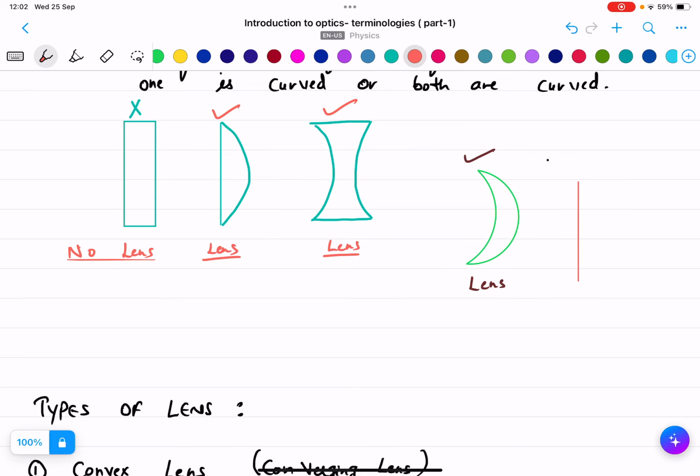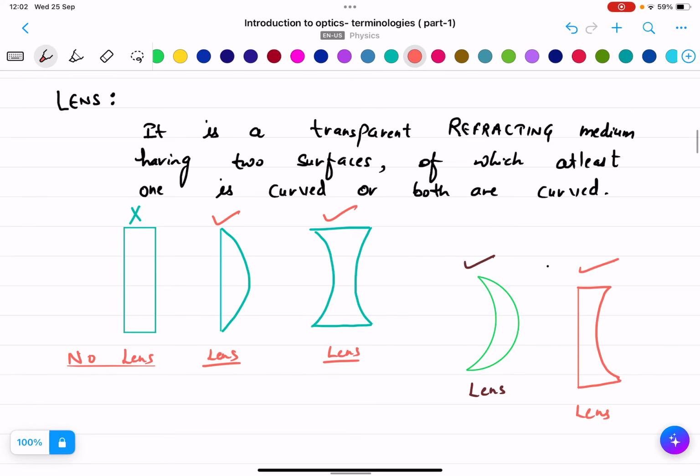Tell me, is this a lens or not? Yes, this is a lens because one of the surfaces is curved and one is flat. So for a lens, what must be the condition? Both of the surfaces or at least one surface must be curved. If both the surfaces are flat, then there is no lens. So I hope the definition of lens is clear to you now.